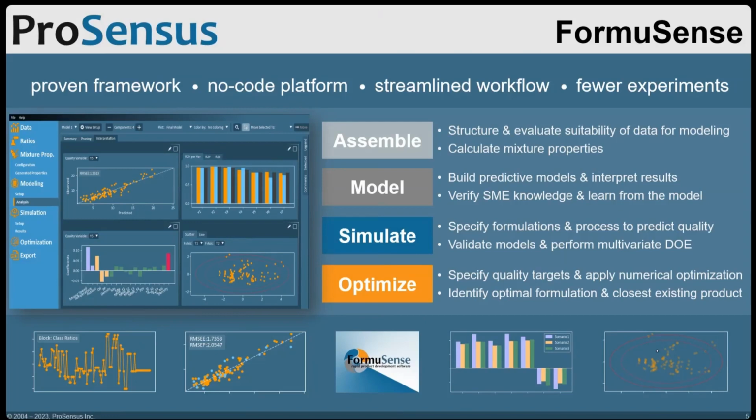And then we have a whole tab in the software that allows you to calculate mixture properties and I'll actually be going into a little bit of detail on that in a few slides from now. Once we have a suitable data set, we can build predictive models and interpret those results.